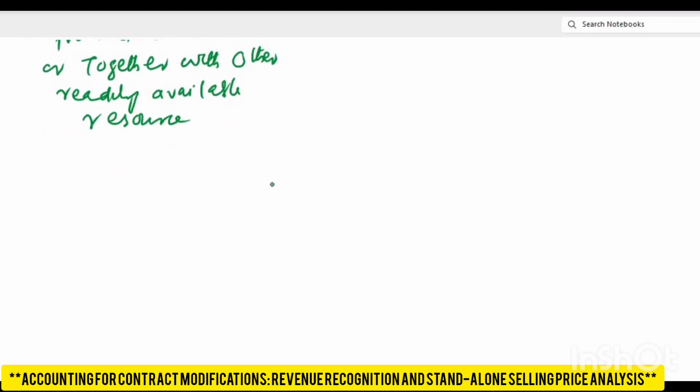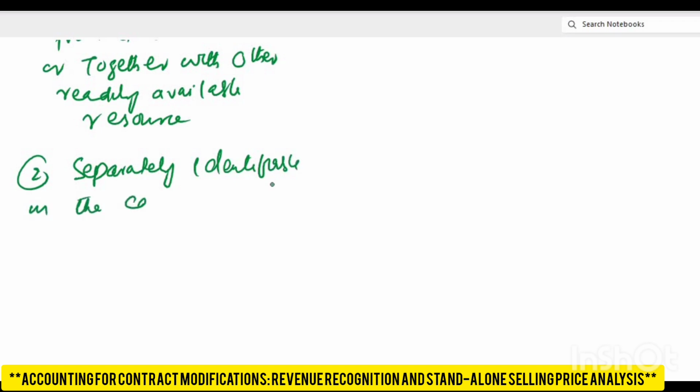The second criterion, which we have already discussed, is that it should be separately identifiable in the contract. What does it mean?